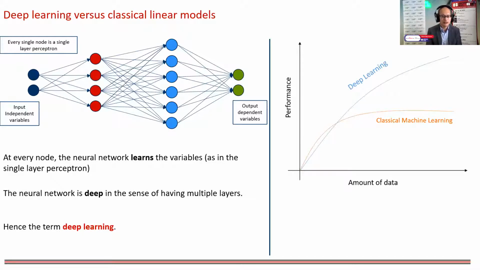So the dark blue is my input independent variables. The green color is my output dependent variables. I also have the red nodes and my light blue nodes. Every single line that you see there is a single layer perceptron.